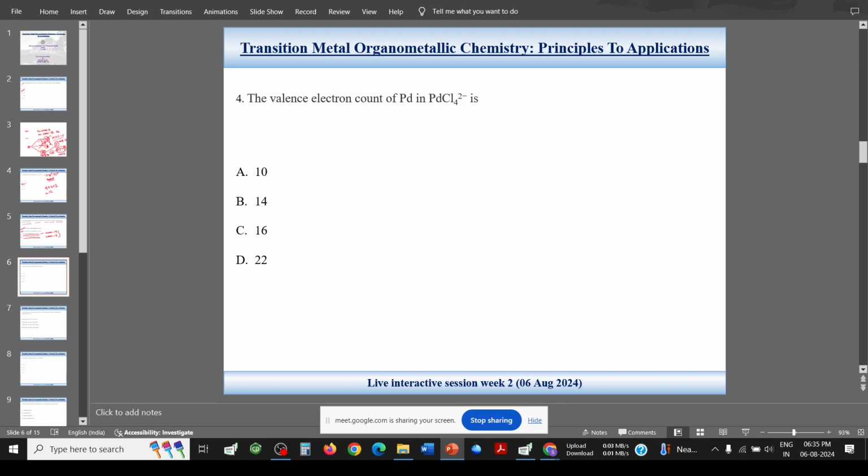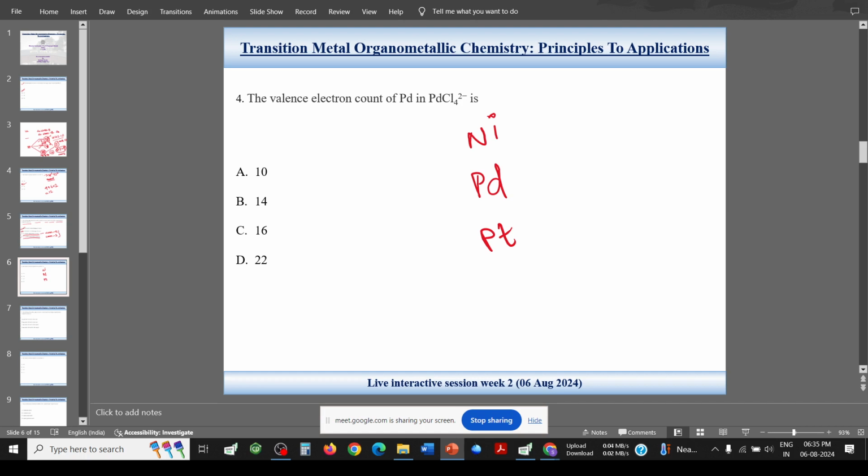What will be the total number of valence electrons for PdCl4 2 minus? This is the same as for TiF6 2 minus. So what will be the electronic distribution for palladium? Palladium is 4d10. Which group?